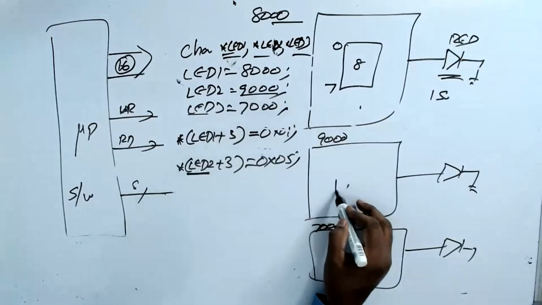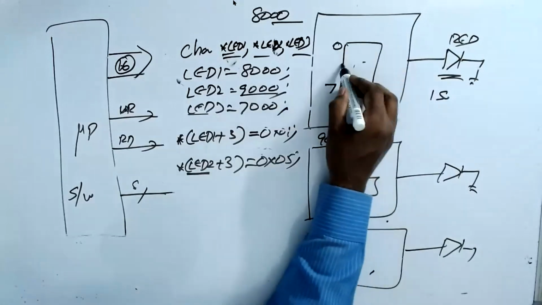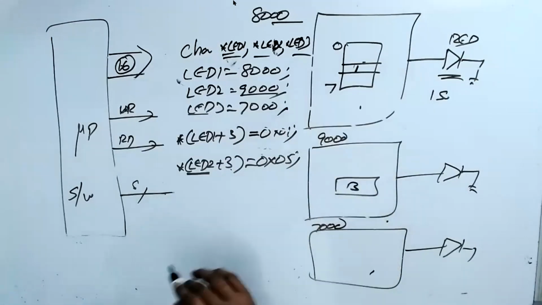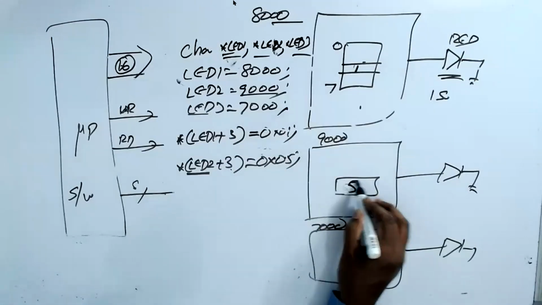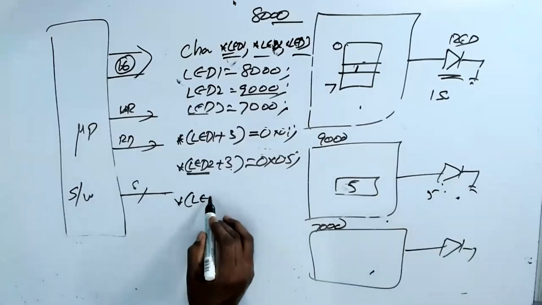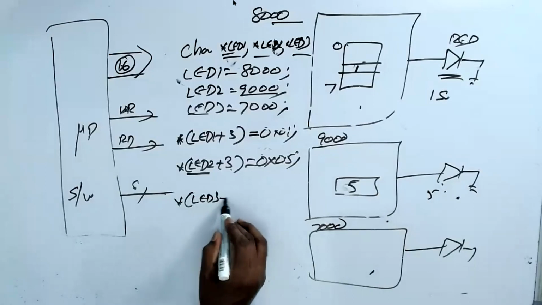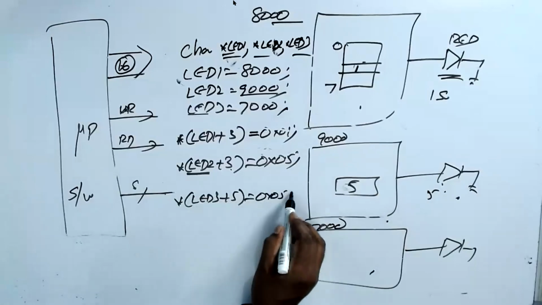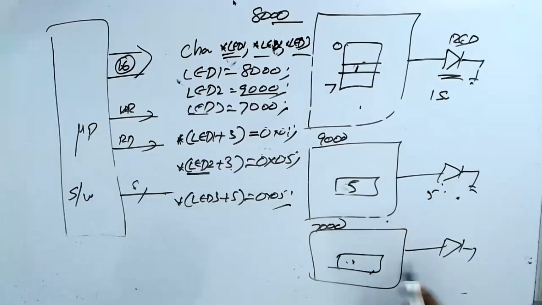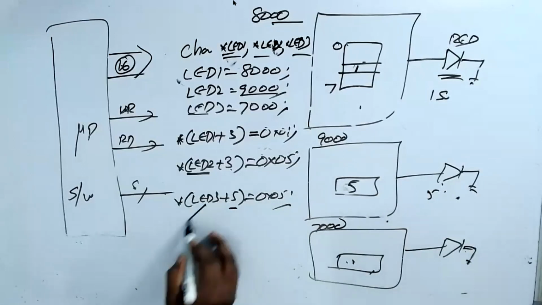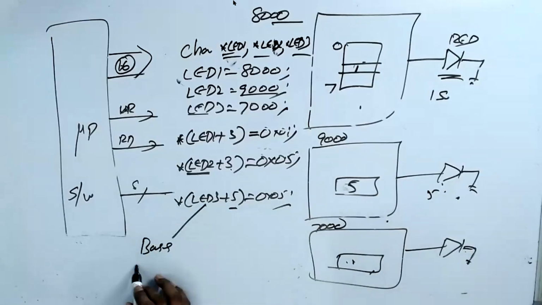I wrote 1 there, here I am writing 5. Now this LED will blink every 5 seconds. Now I say *(LED3 + 5) equals 0x05 or whatever it is. This one will do some other functionality because I'm writing to a different register offset. So this is called the base address, and this is called the offset.